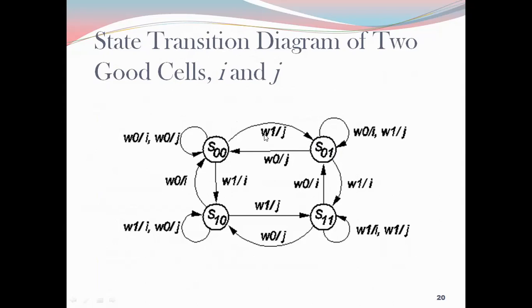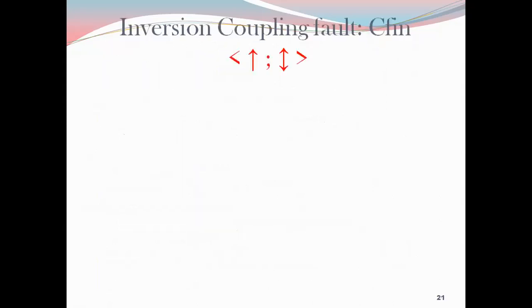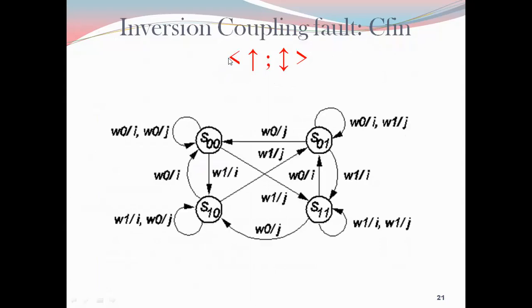W1 means we are writing 1, and J means we are writing this value 1 to the aggressor cell. So I am changing the aggressor from 0 to 1. I think you can go through the state diagram. It is pretty simple. Now based on this, we are going to see how an inversion coupling fault is detected.